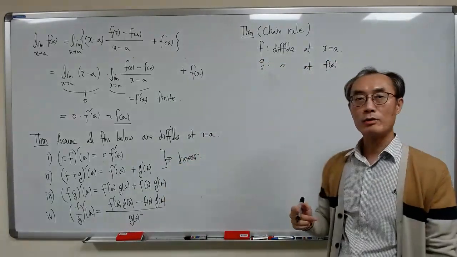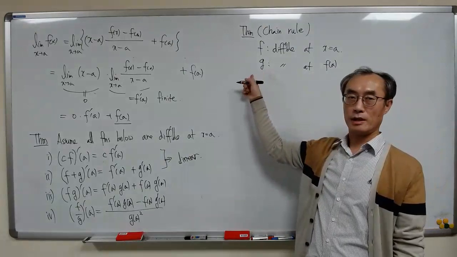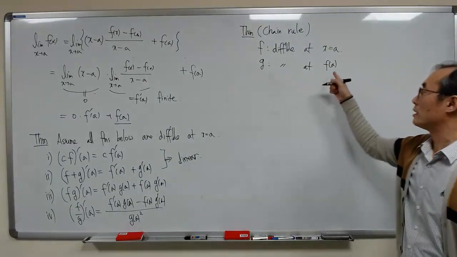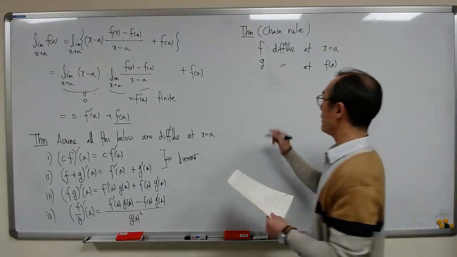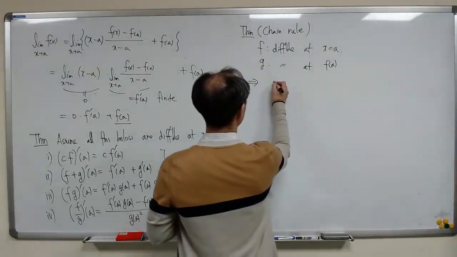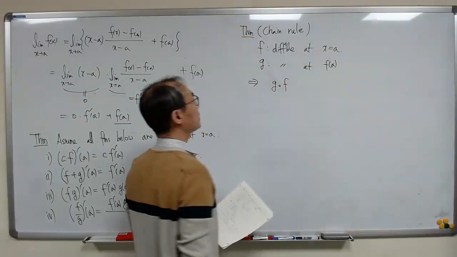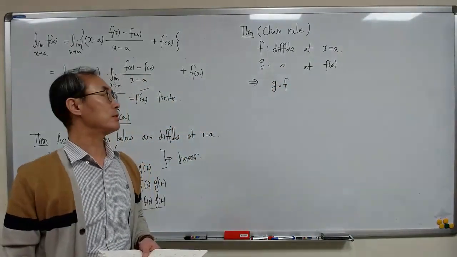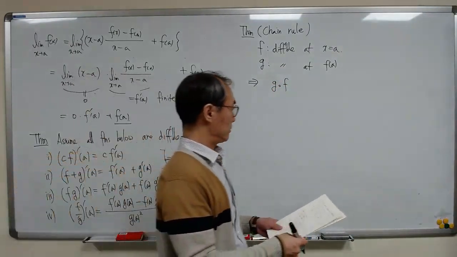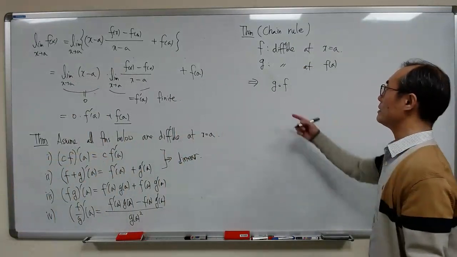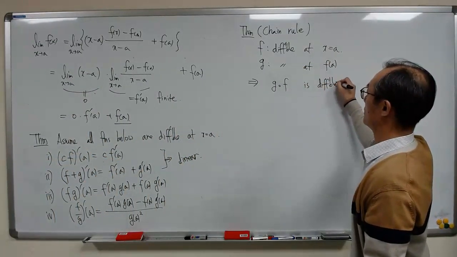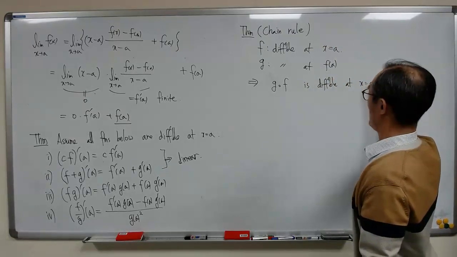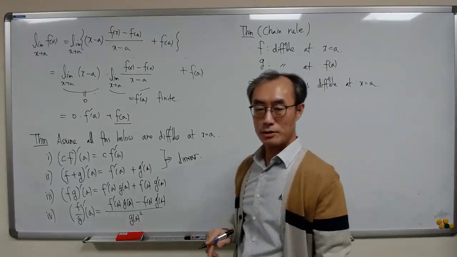That means the domain of definition of the second function g includes the value f of a. If that's the case, you can take the composition of these two functions, g of f. Okay, and this function g of f is also differentiable at x equals a.